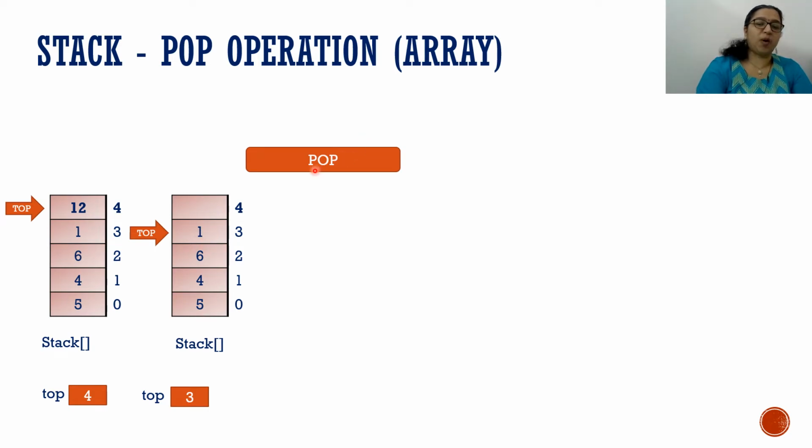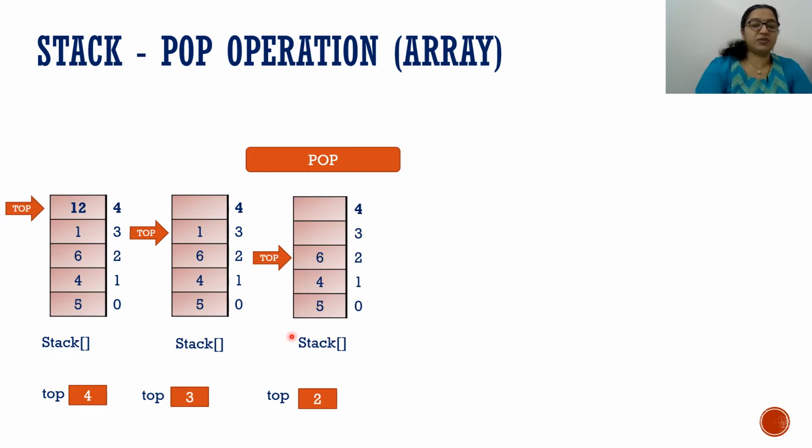Again I am going to pop an element. Now what will happen? Minus 1 again. So top is equal to 2 now. Now what is the condition of the array? See, top is focusing on 2. That means the third element. Again popping. So top is equal to 1 now.